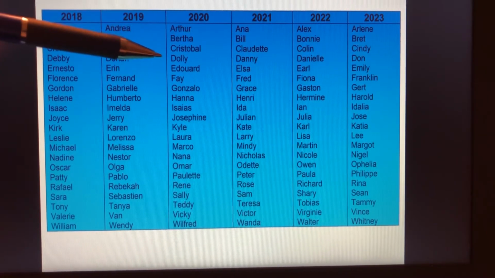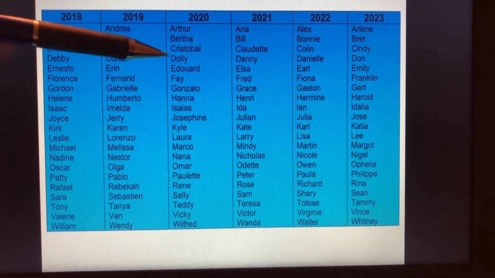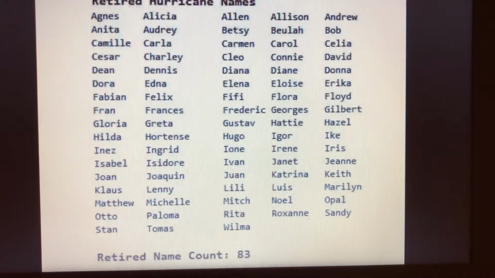It's 2020, and what I just showed you was Cristobal, and that's the one that just made landfall and is bringing us thunderstorms on June 9th. This is a list of the retired hurricane names. So far, the count is at 83, and you can see some of the famous ones like Katrina and Sandy and Gilbert. Those are hurricane names that can never be used again because they caused so much damage or so much loss of life. People don't want to be reminded of them.